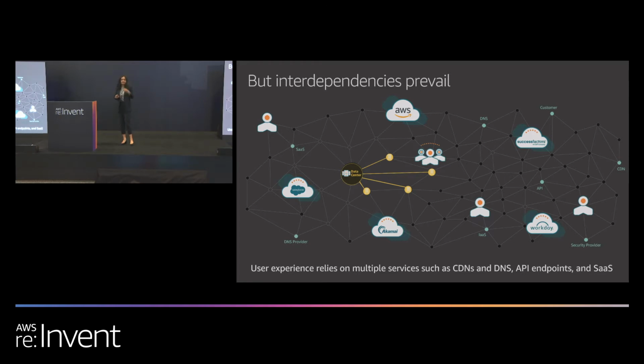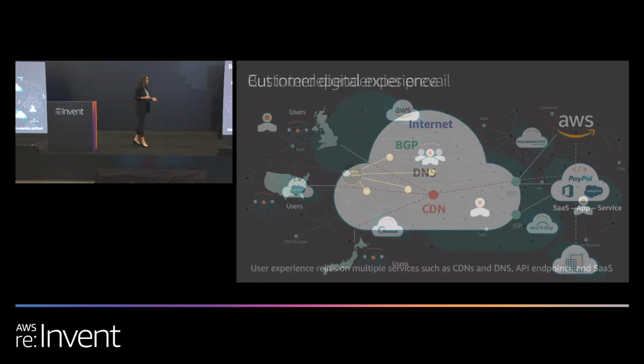These could be third-party endpoints, like an API endpoint, or third-party services. For instance, you could have a CDN provider, a DNS provider, or a DDoS mitigation service. All of these different components need to tie together for your service digital supply chain to run smoothly. And even if one element here fails, that's going to impact your end user experience.